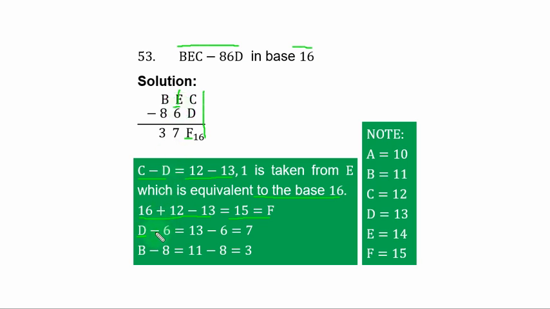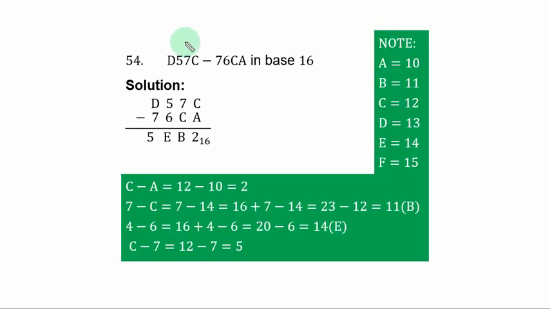That is D. So you have D minus 6. That is 13 minus 6 equal to 7. You write down 7. The last column there is B minus 8. B is 11 minus 8 equal to 3. And that is what you have here. So the result is 37F in base 16.